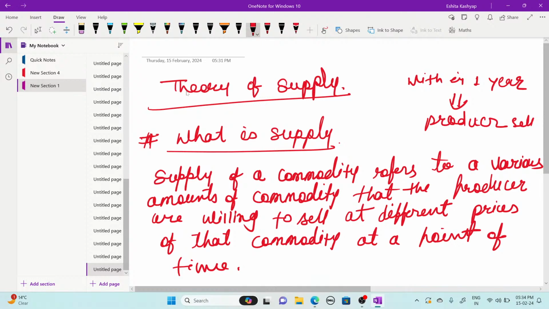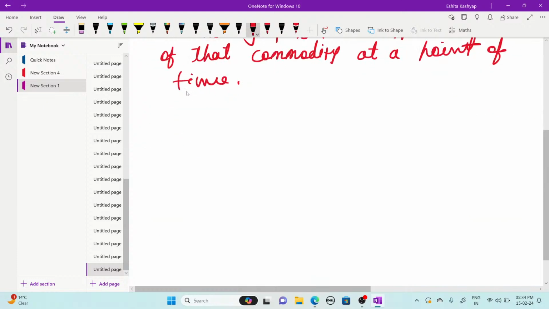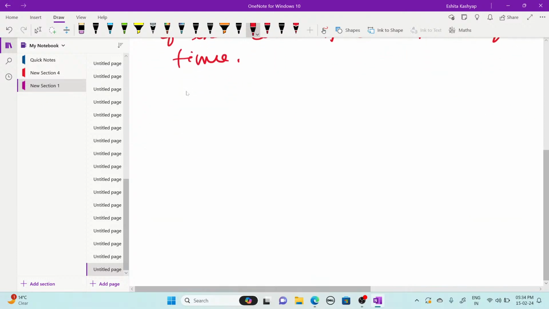There is a little difference between supply and stock. What is the difference between supply and stock?